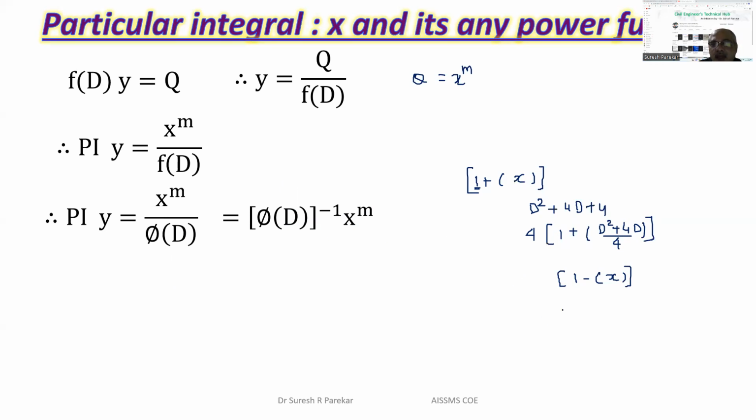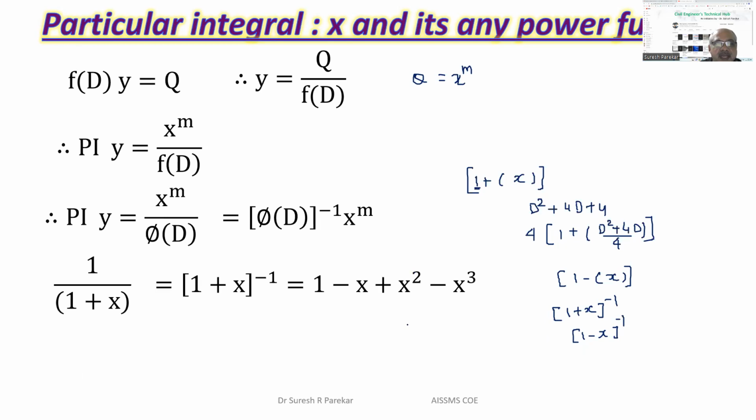And we have the formula for 1 plus x to the power minus 1 and 1 minus x to the power minus 1. By using this formula, we have 1 upon 1 plus x, so we take 1 plus x to the power minus 1.